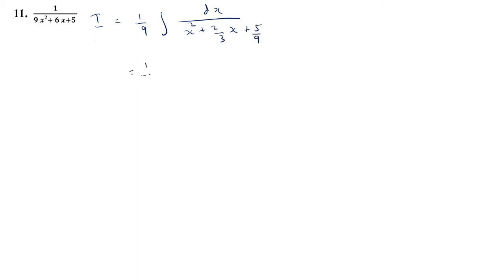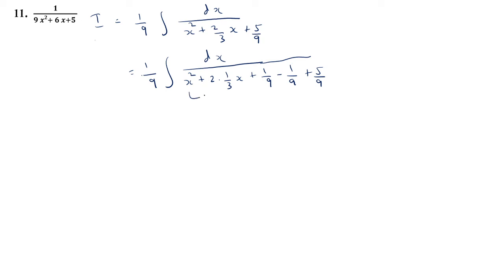So this is equal to 1 by 9 integral dx divided by x square plus 2 into 1 by 3 x. I am adding and subtracting 1 by 9: plus 1 by 9 minus 1 by 9 plus 5 by 9.